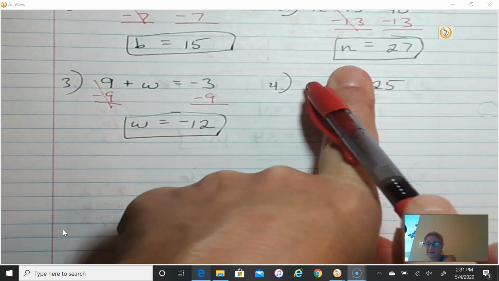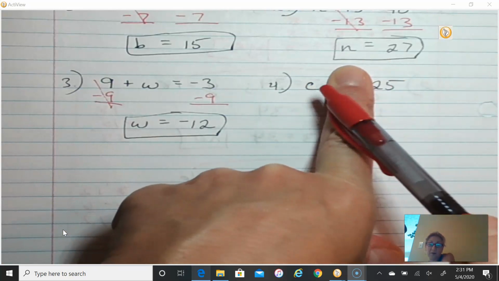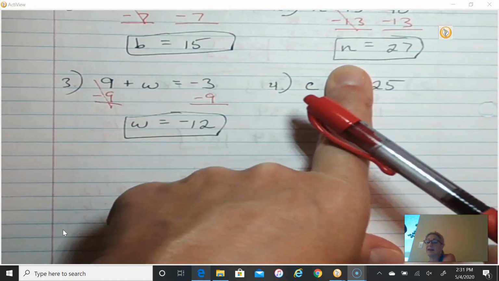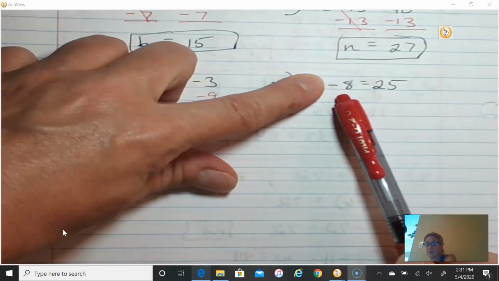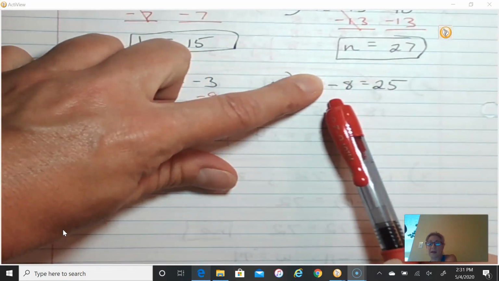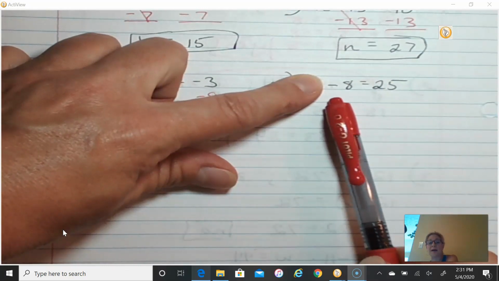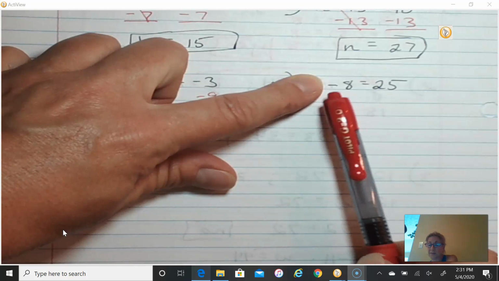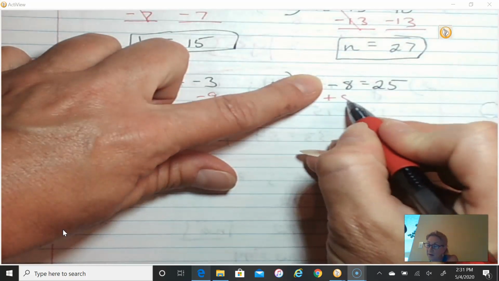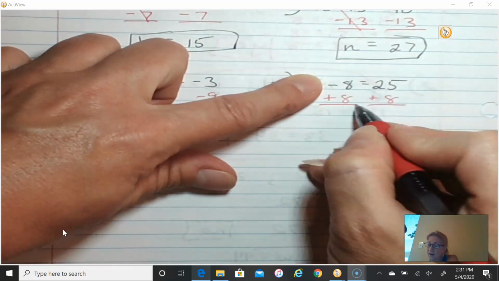So we want to get this c, meaning yourself, all by itself. We're isolating the variable. So we have to get rid of the -8. We do the opposite to both sides. So what is the opposite of -8? The opposite of -8 is +8. So we're going to add 8 on both sides.